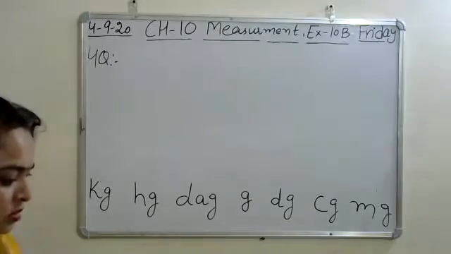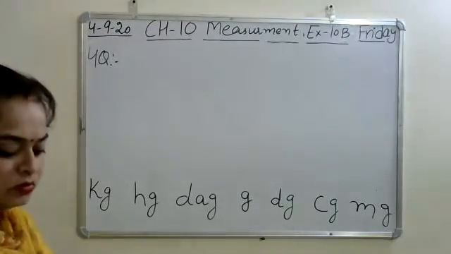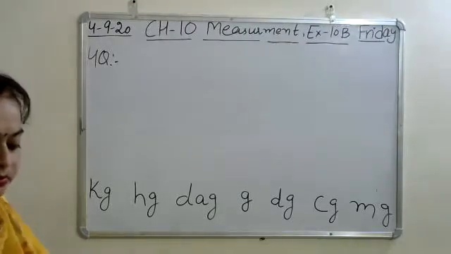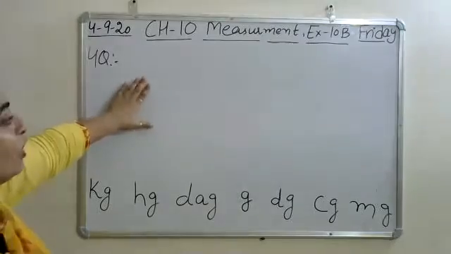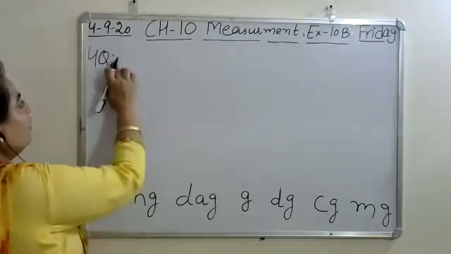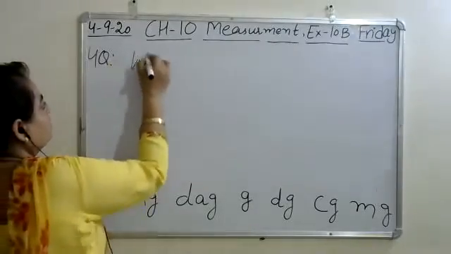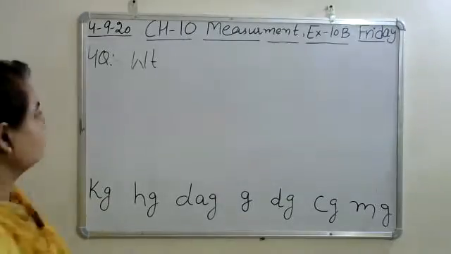Read the fourth question. Raj is 5 feet tall and weighs 47 kg. Ram is 5 feet tall. What will you write here? Tell me. Weight.